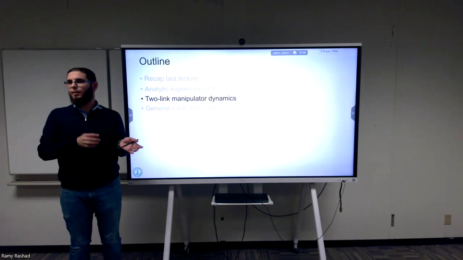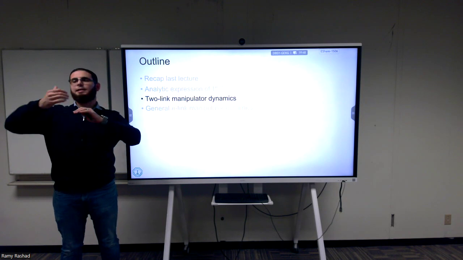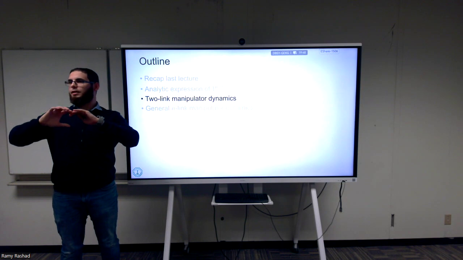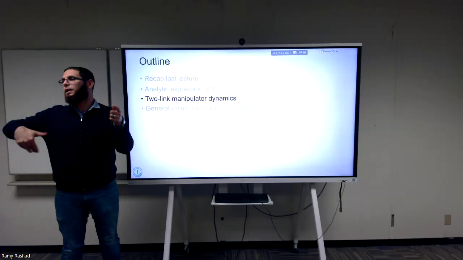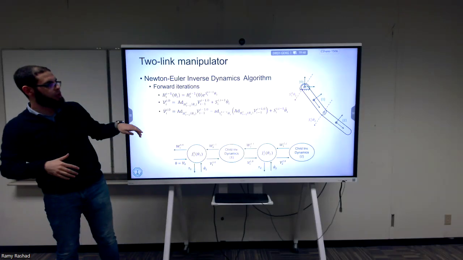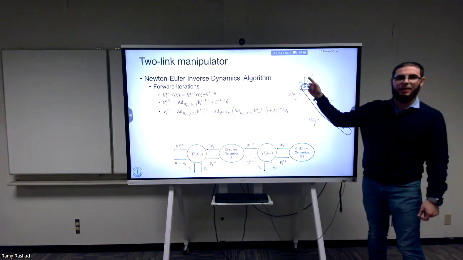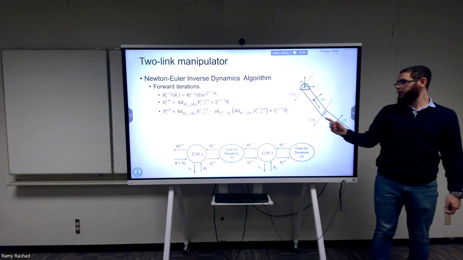Now let's look at the two-link manipulator. Again, the two-link manipulator is the simplest manipulator, and the next more difficult one compared to just the pendulum. It's just two links connected to each other like that. It's just a replication of what we had. So this part alone was the pendulum, and then at the last part we just add another joint, another motor, and another link.